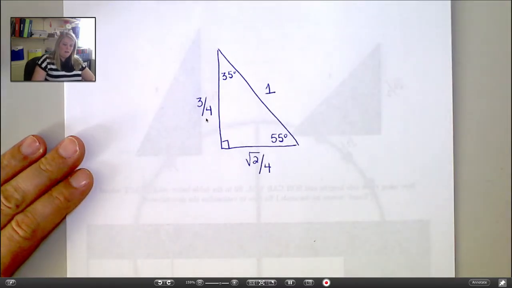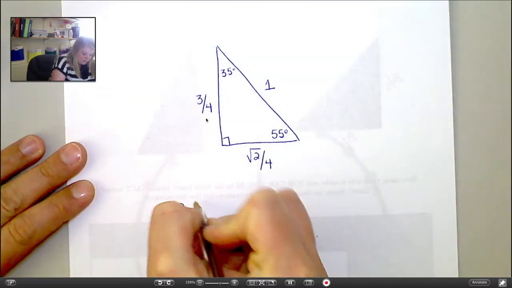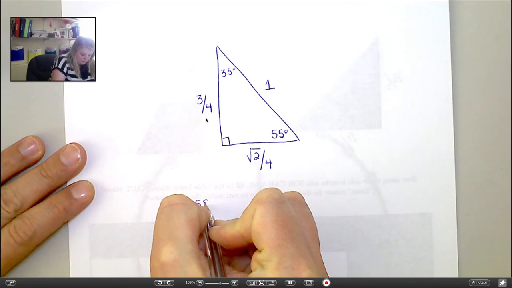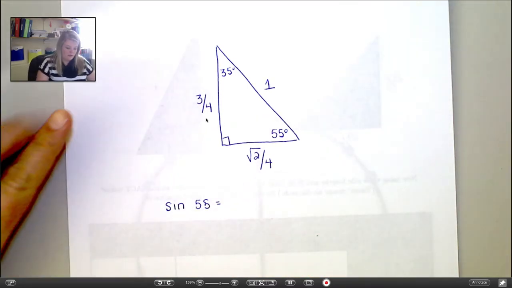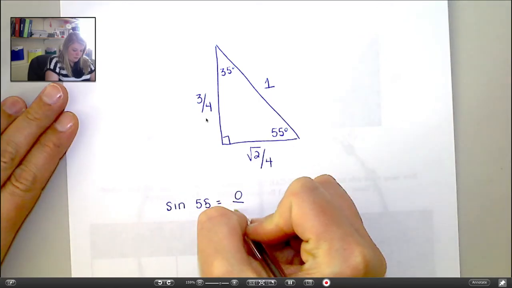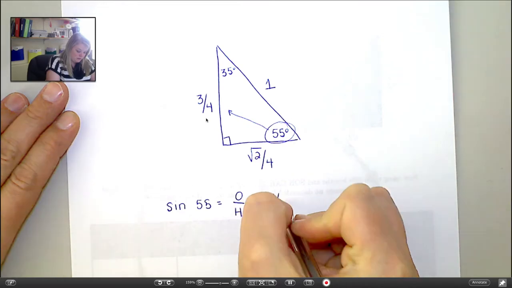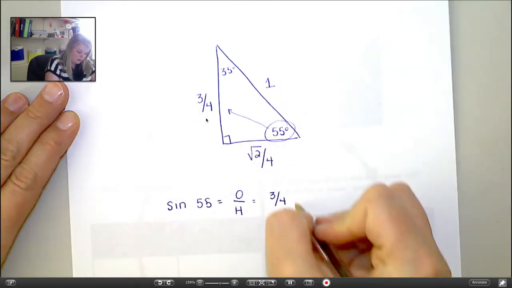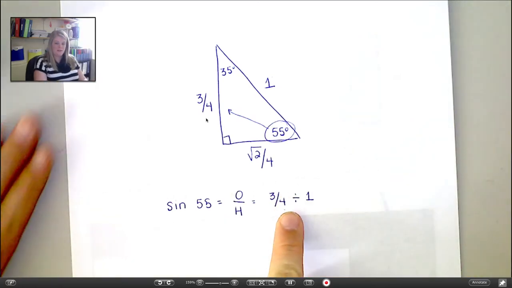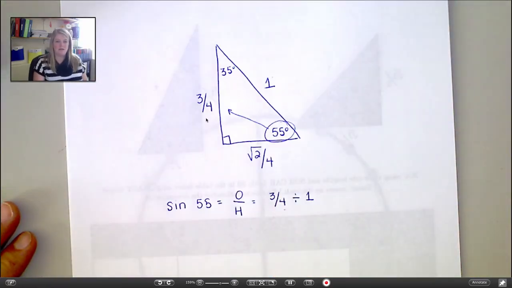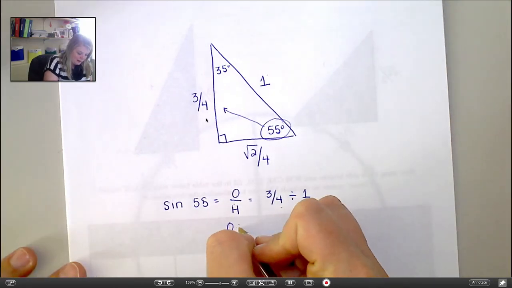Okay, so let's suppose I ask you to find sine of 55. Sine is opposite over hypotenuse. Opposite is 3/4, and hypotenuse is 1. And notice, instead of writing it as a fraction, I'm writing it with division. When I say it's opposite over hypotenuse, that's really the same thing as opposite divided by hypotenuse.